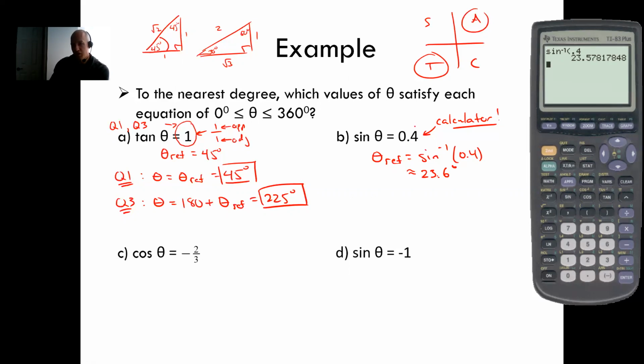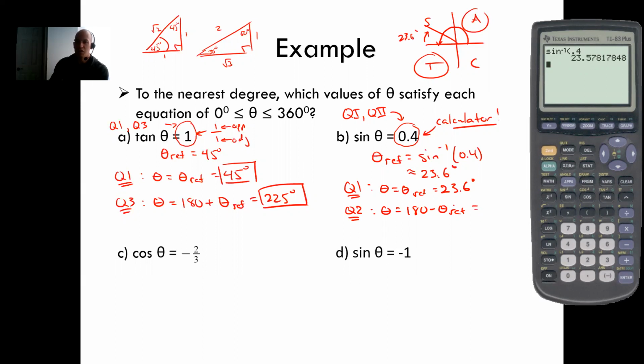Then the idea is that's the reference angle. What quadrants is it in? We look at this again. We see this is positive, so this is in quadrants 1 and it's in quadrants 2. So in quadrant 1, theta equals theta reference. So it's 23.6 degrees. And in quadrant 2, we've got theta equals 180 minus the reference angle, because in quadrant 2 we're going all the way to 180 and then we're backing up by 23.6 degrees. So 180 minus 23.6.